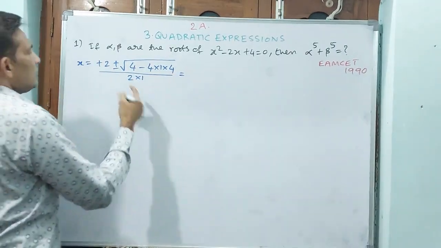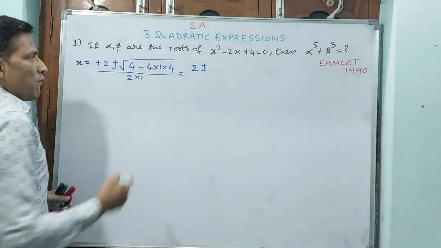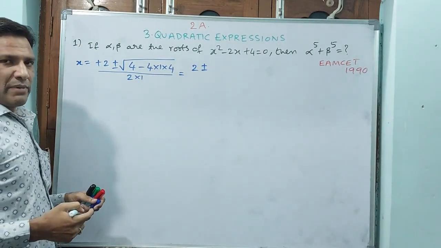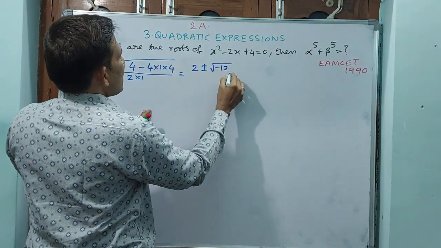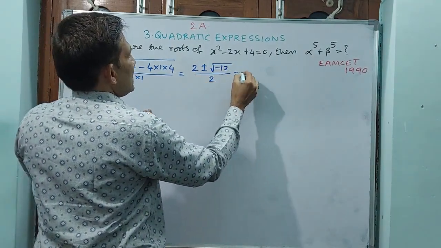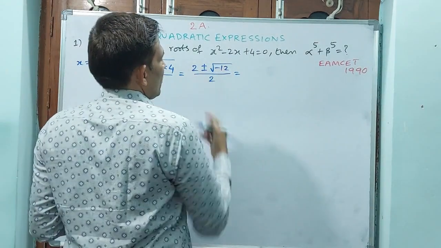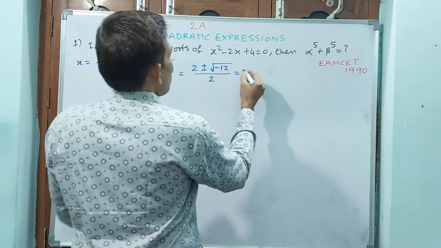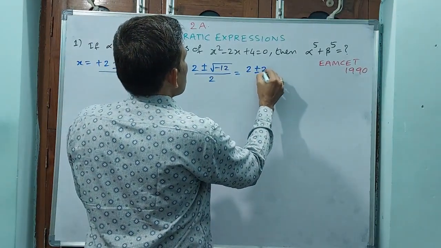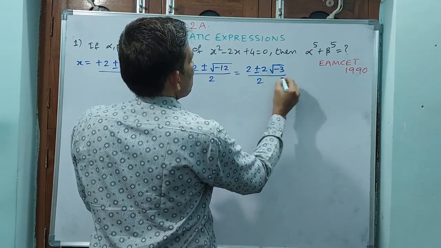That equals 2 plus or minus square root of 4 minus 16, that is minus 12, under square root, divided by 2. You take 4 outside. Why? Because 4 into 3. If 4 goes outside it becomes 2 root minus 3 divided by 2.